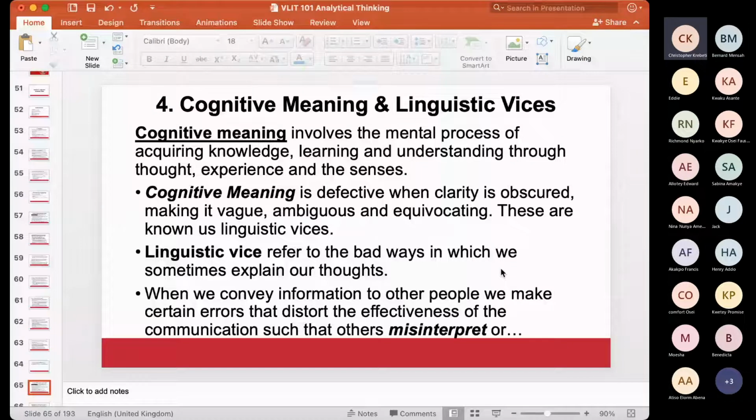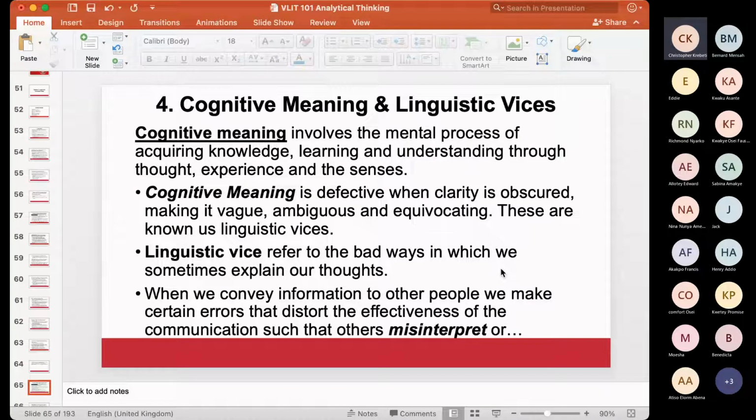Good. So cognitive meanings in themselves can also have problems. And the problem would be when they lack clarity. When they lack clarity, the problems that stem out of them are that they become vague or they express vague opinions, ambiguous opinions, or they can even lead to equivocation.